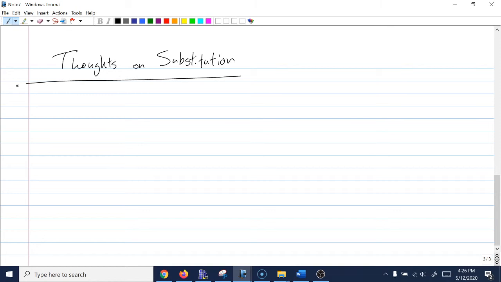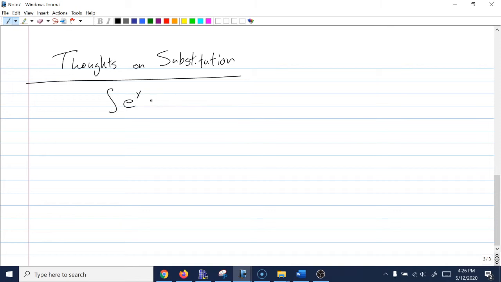Let's start with some thoughts on substitution. You should have seen integration by substitution in Cal 1.